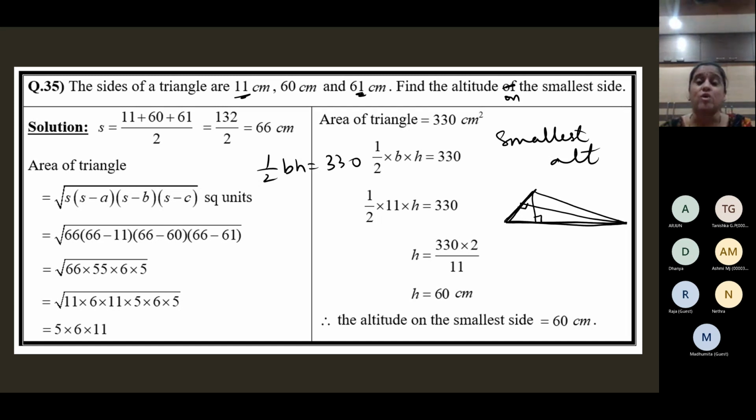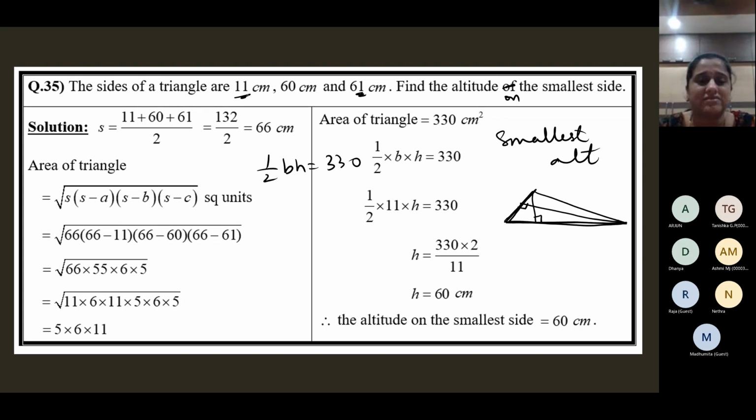So if you want to find the smallest altitude, which is the shortest altitude of the triangle, take the base as the longest side. It's about substituting the correct base to find the relevant height. If you want to find the longest altitude, the biggest altitude in the triangle, take the shortest side as the base.